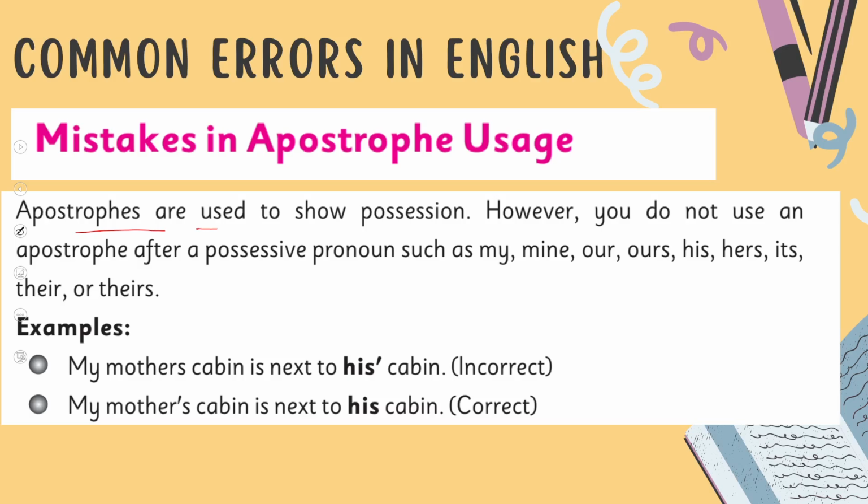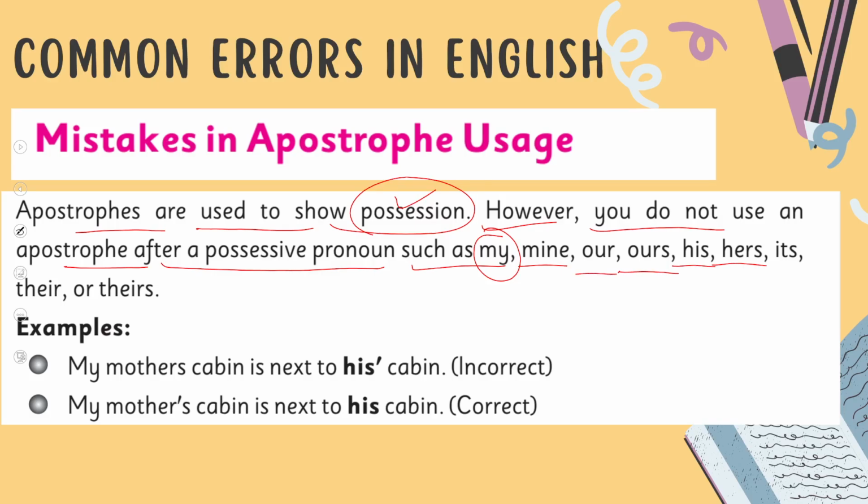Apostrophes are used to show possession. If somebody owns something or possesses something, however, you do not use an apostrophe after a possessive pronoun such as my, mine, our, ours, his, hers, its, their, or theirs.